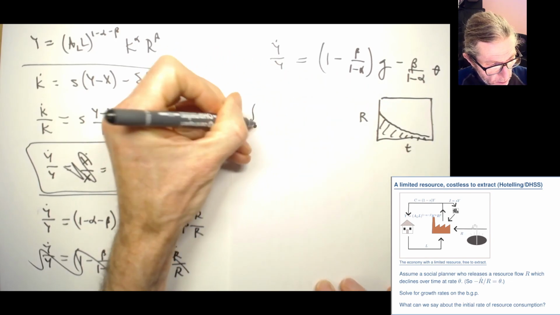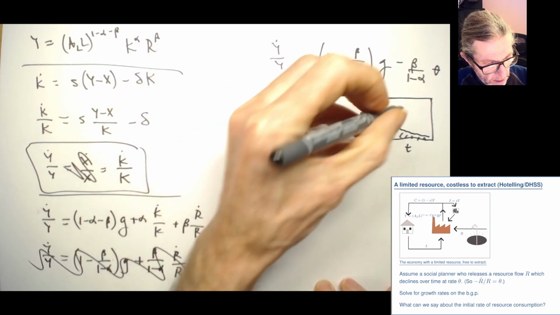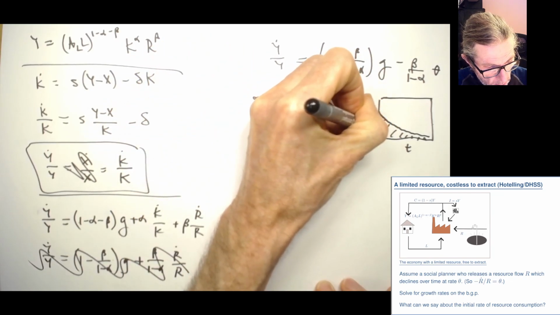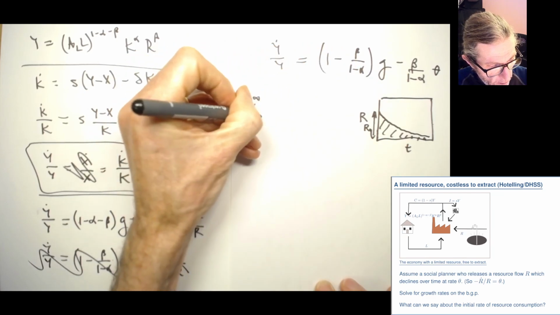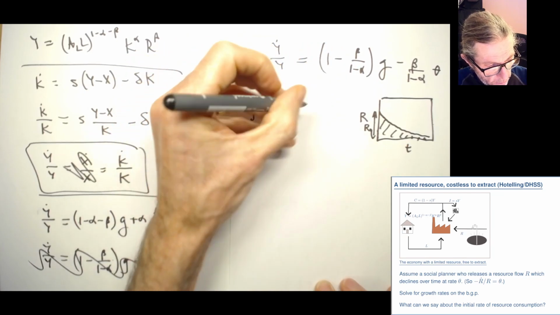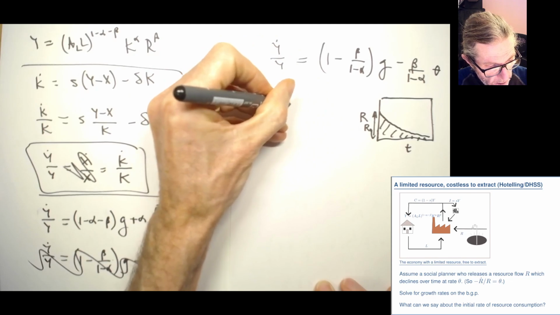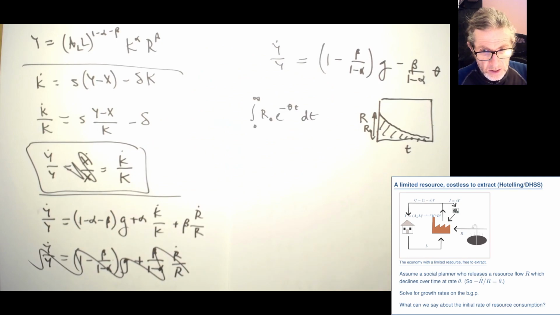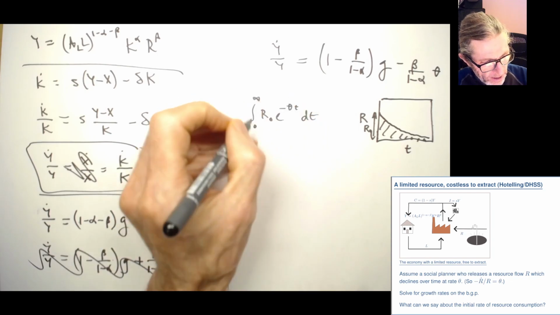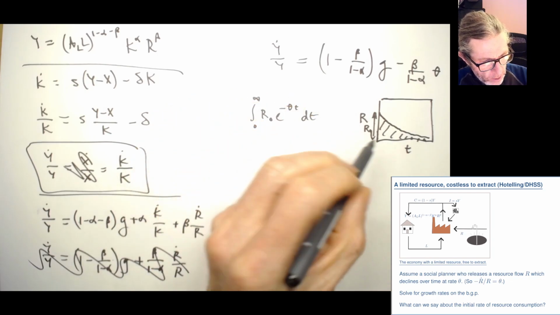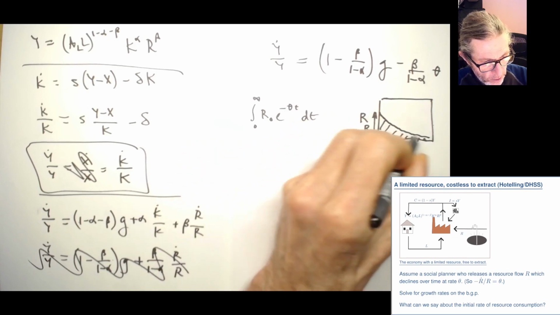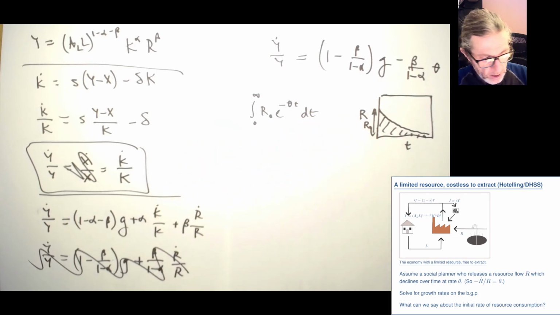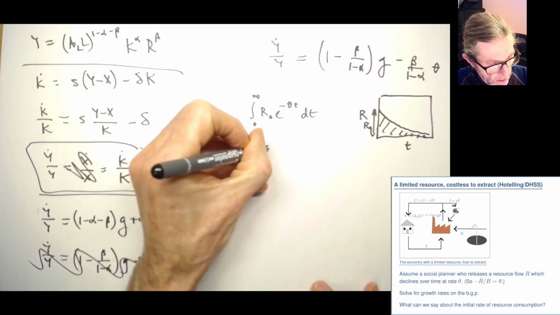It's the integral between 0 and infinity of R0 e to the minus theta t dt. I think that makes sense, right? So that integral has to be equal to S0, the initial stock. So what is this integral?